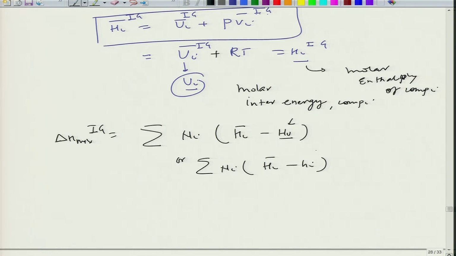This is what we are trying to write, and since this is the same as this, as we have seen here, the molar component of this has to be equal to 0. So, it is a straightforward exercise of systematic analysis here.